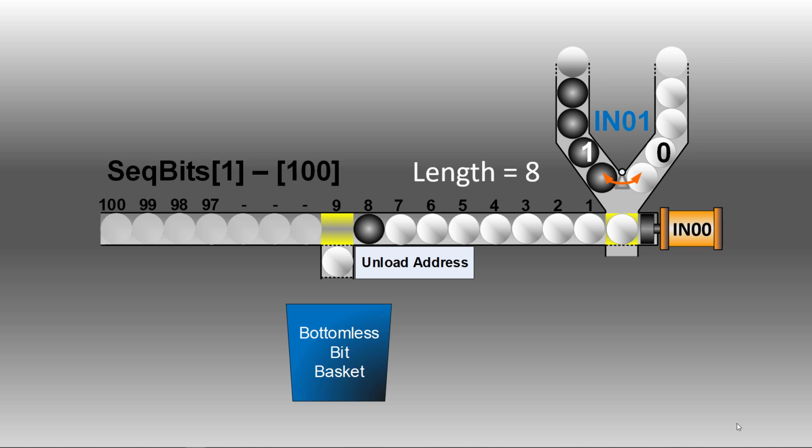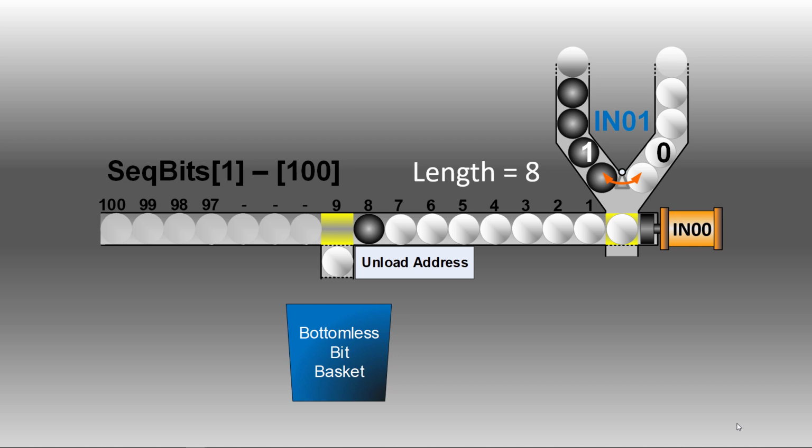So input 1 determines the state of the bit that we want to push into the first position, a 0 or a 1, an on or an off. So input 1 is the state of the bit that we're going to load.